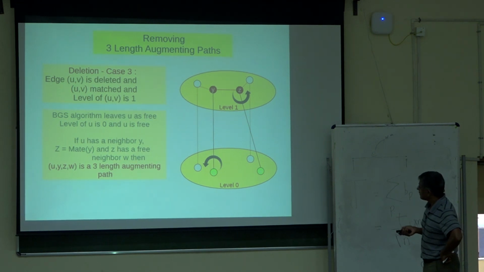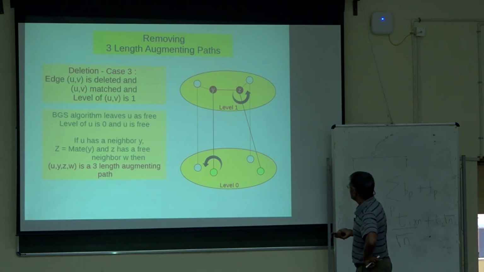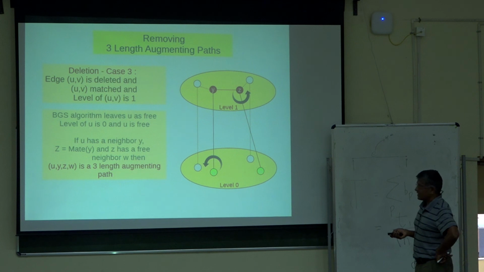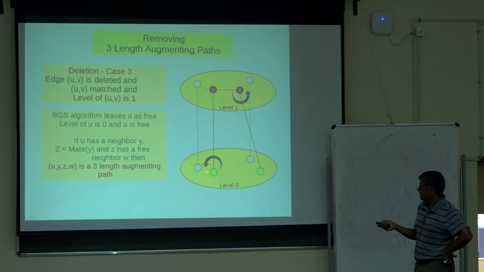Actually it shows up as W here, I'm sorry. So you have UV. This was a matching edge that is now deleted, that was forming this kind of a cycle. Now you need to figure out, once this has been deleted, which of these edges could potentially participate in a three-link augmenting path. You have to search for it.